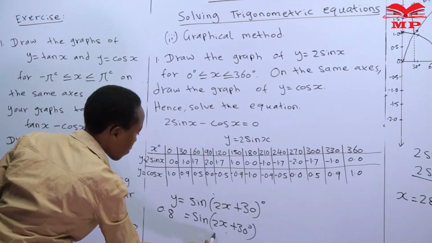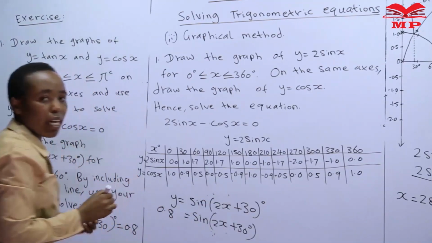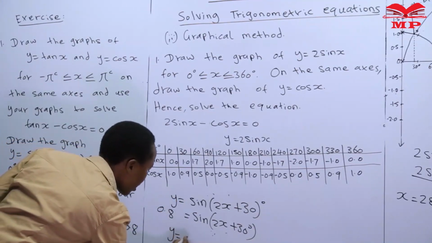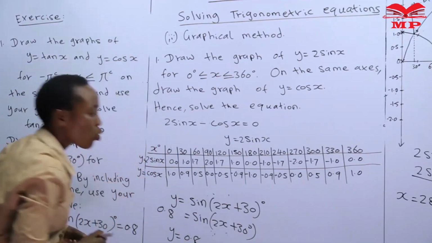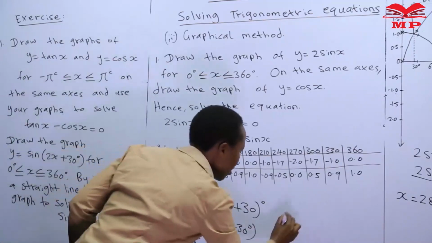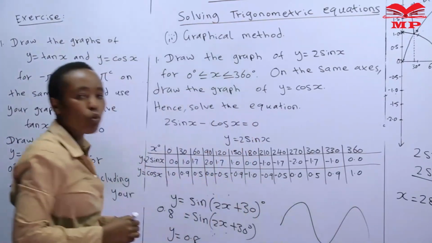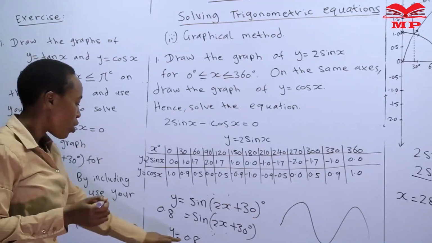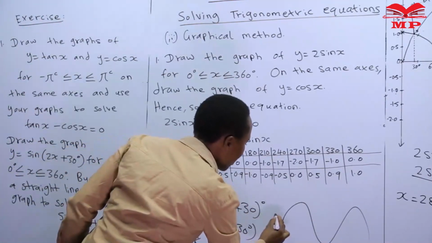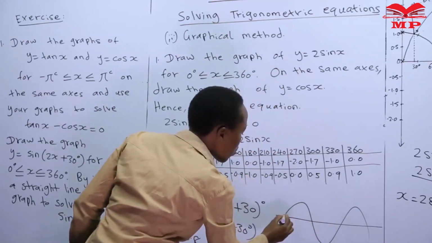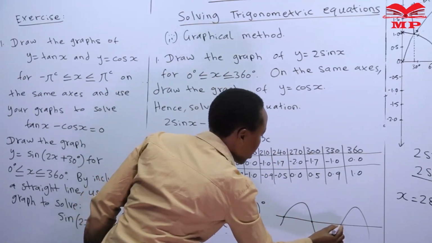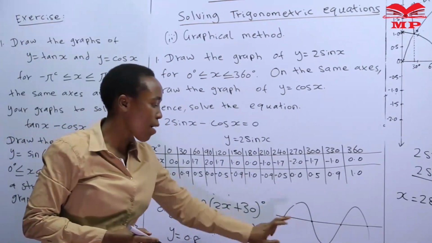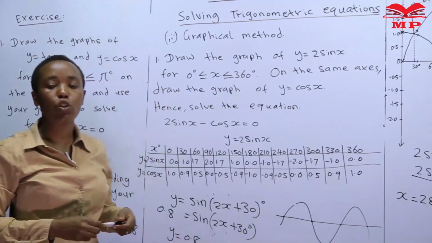And therefore, the line that you are going to plot is a line whereby y is equal to 0.8. So after plotting the curve, now you need to have the line y is equal to 0.8. Then you read the points of intersection of the line and the curve, and these points will give you the solution.